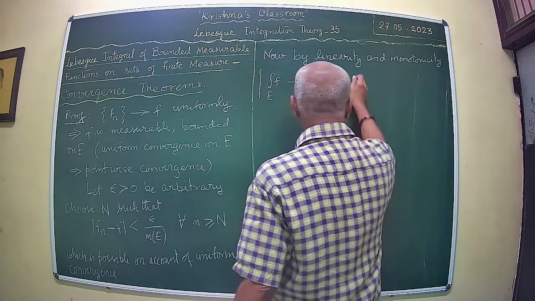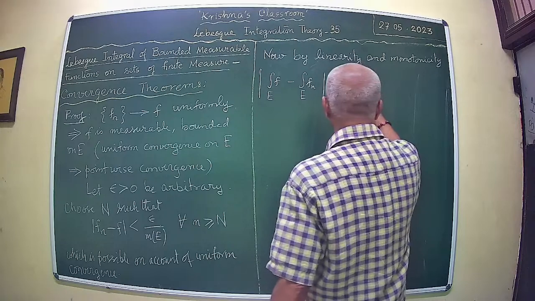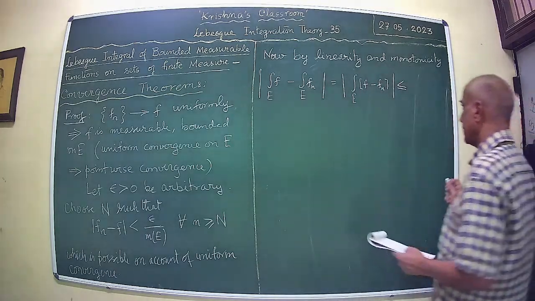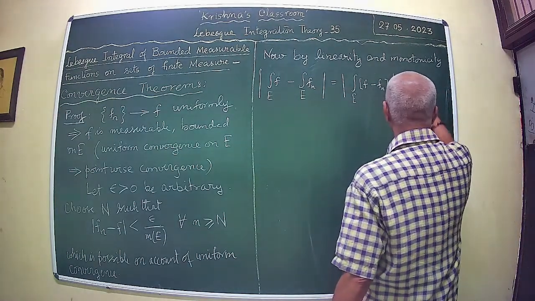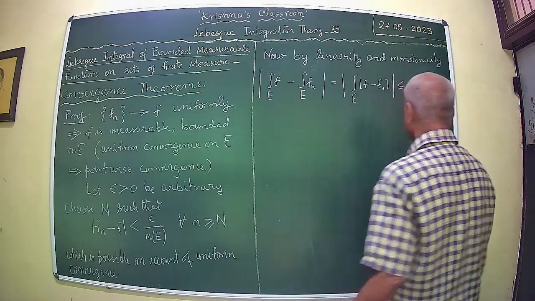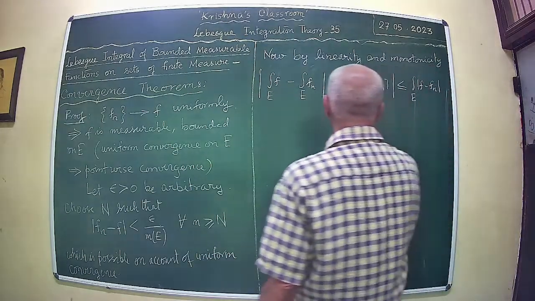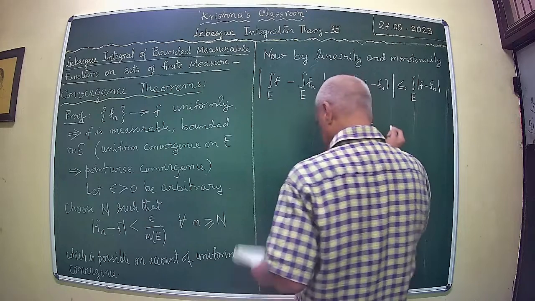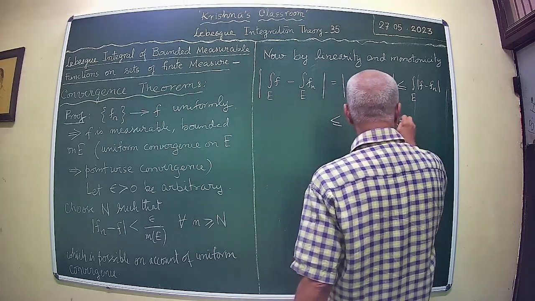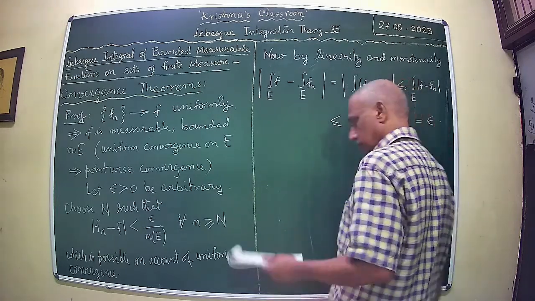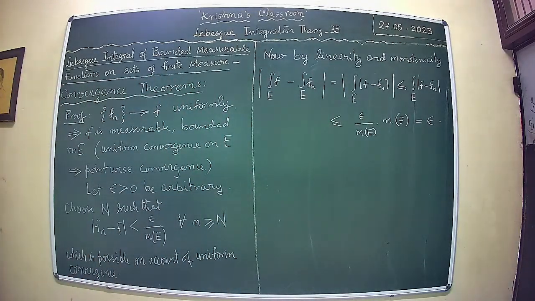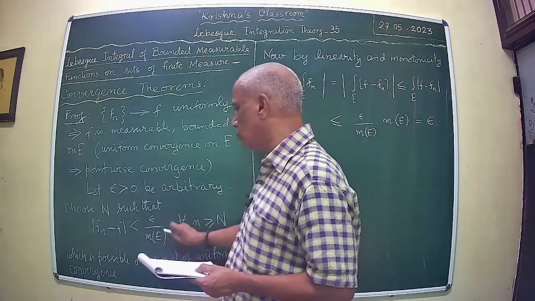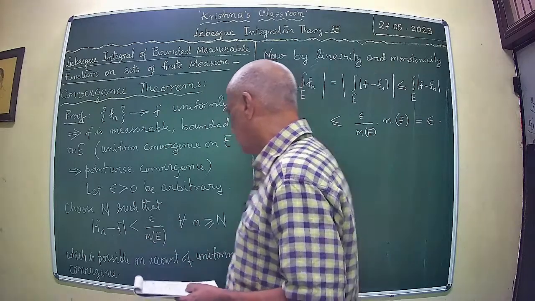This is equal to the absolute value of the integral, and this is less than or equal to, by the previous theorem, the integral over E of mod Fn minus F, and this is less than or equal to epsilon times the measure of E. So here the measure of E is finite, which is being strict. Okay, so we have used the fact that measure of E is finite. The very fact that we can choose n like this is because the measure of E is finite.